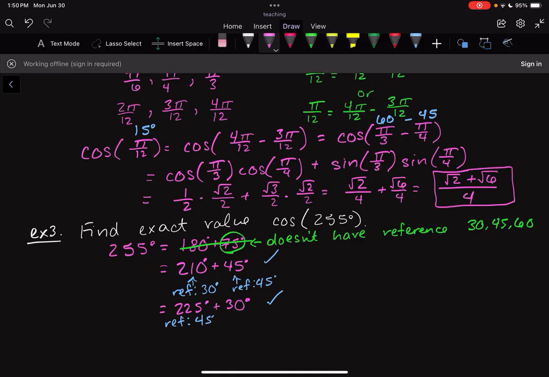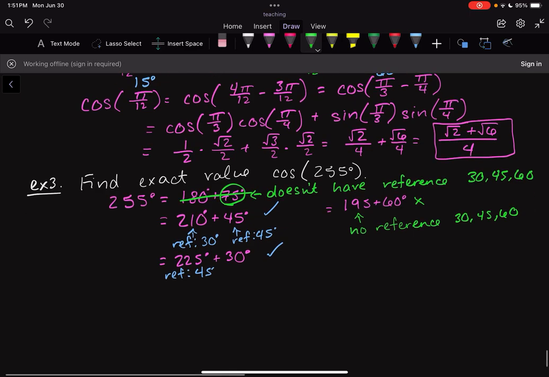Let's see. 195 plus 60. This one does not work because 195 does not have a reference of 30, 45, or 60. So I would say that would be a bad option. So we found two good options, so let's just go ahead and pick one of those.